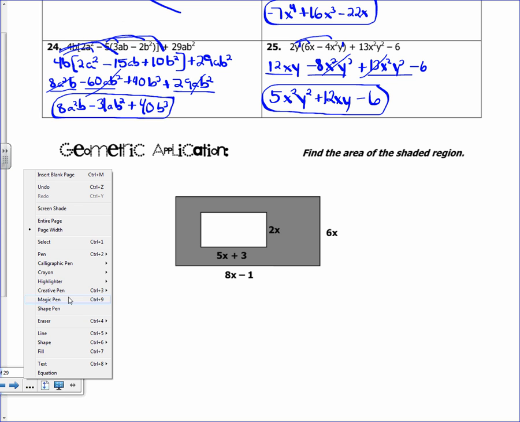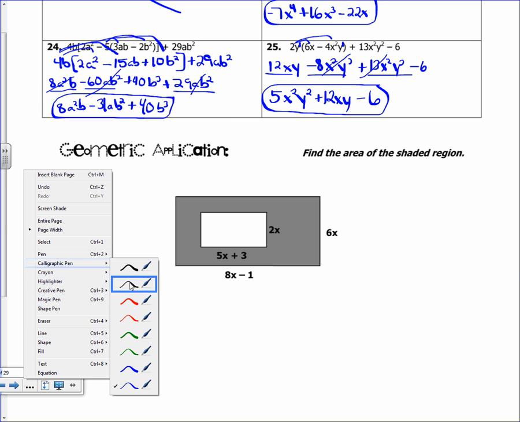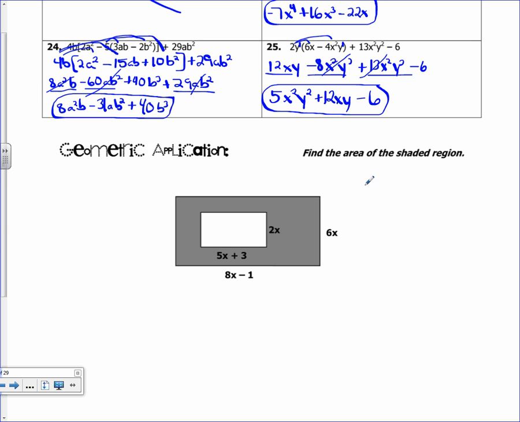All right. Now this last thing that we'll do is finding the area of a shaded region. So, well, we can find the area of a rectangle. Remember, area of a rectangle is length times width. But we want just the shaded region, so this white region we don't want.